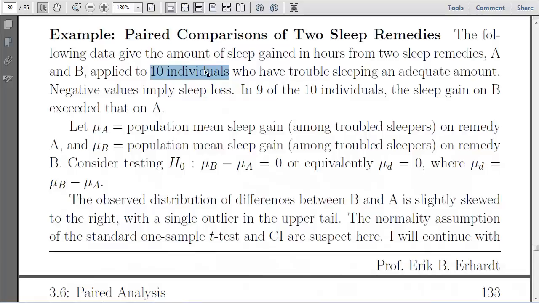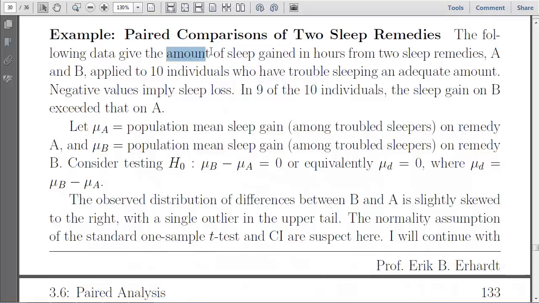And getting a solid 8 hours is just about right for me to feel like I'm a functioning human the next day. And so for these 10 individuals, we would know what their average amount of sleep was.